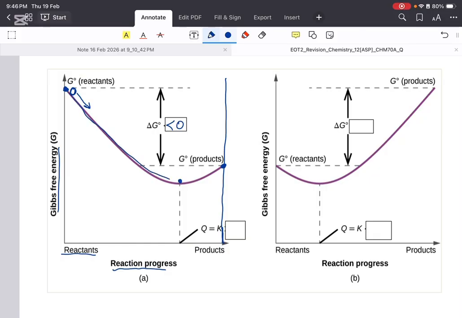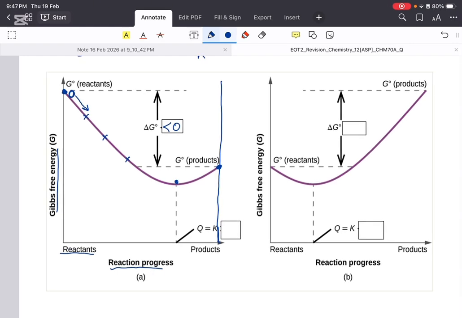Now this curve over here can tell you at any point of the graph whether the reaction is spontaneous or non-spontaneous or at equilibrium. At this point here, we say that the reaction is at equilibrium and delta G is equal to 0.